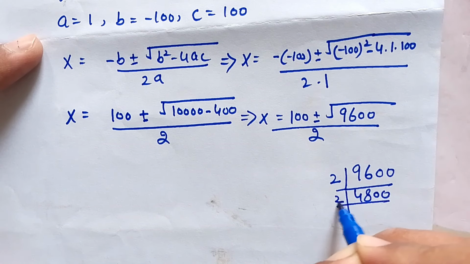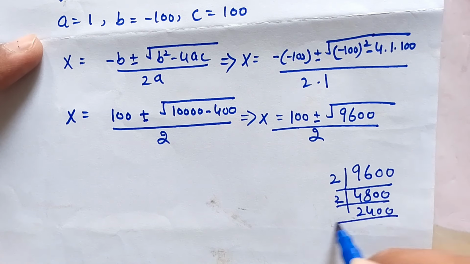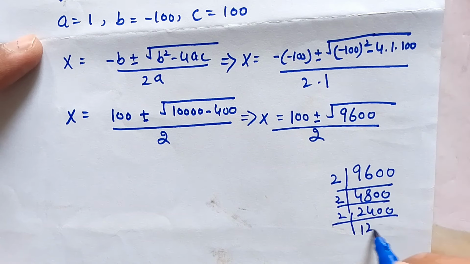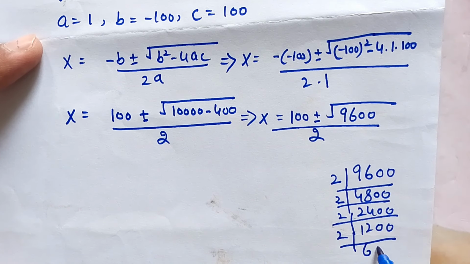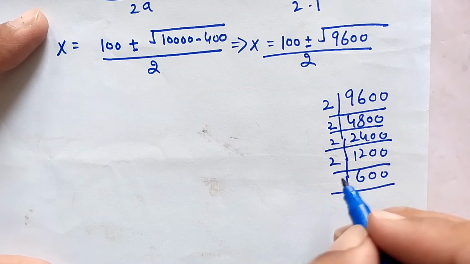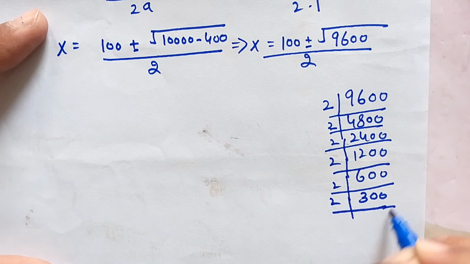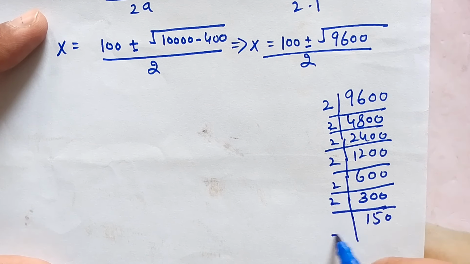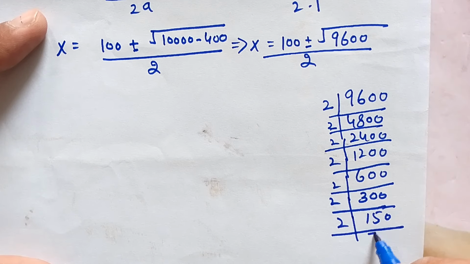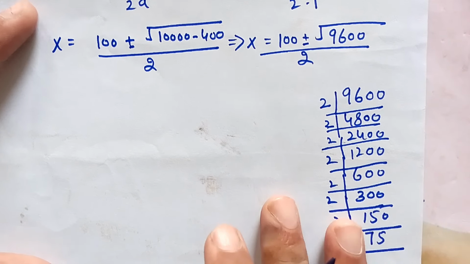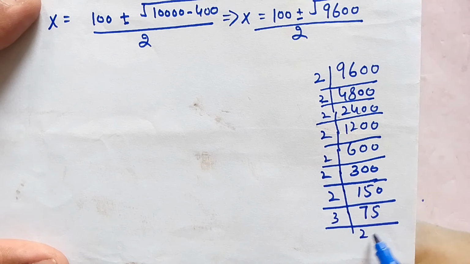Now divide by 2 is 2,400, divide by 2 this is 1,200, divide by 2 this is 600, divide by 2 this is 300, divide by 2 this is 150. Now divide by 2 this is 75. Now divide by 3 this is 25, divide by 5, so this is 5.